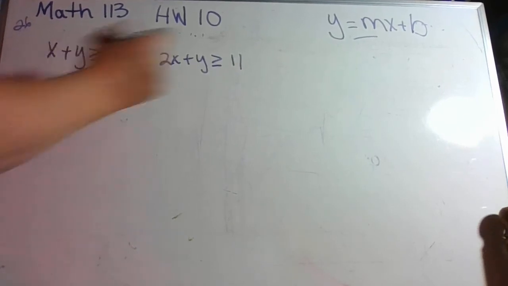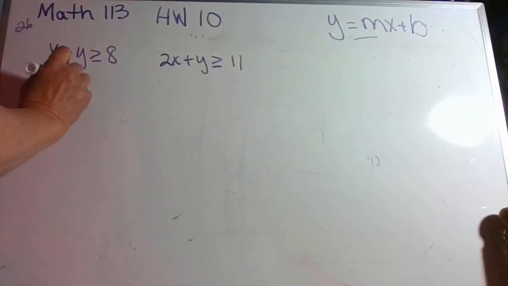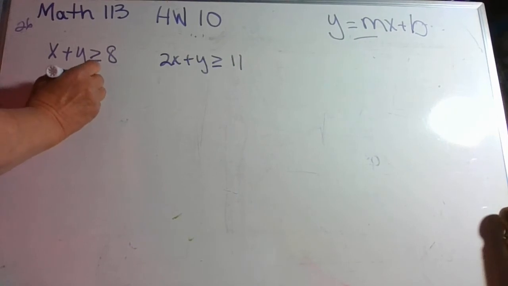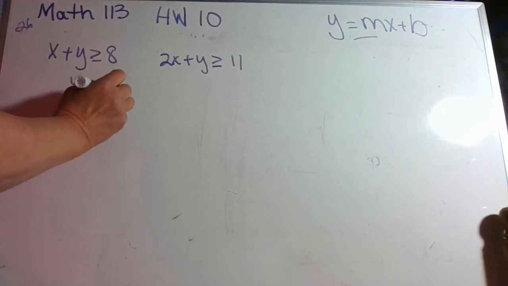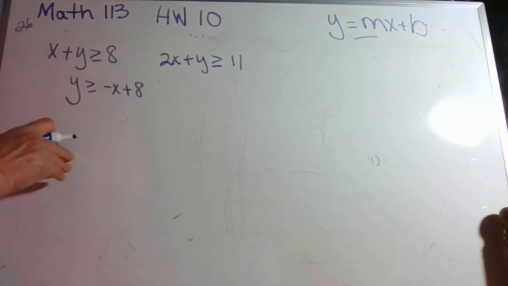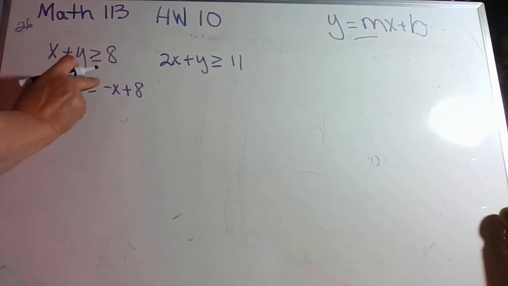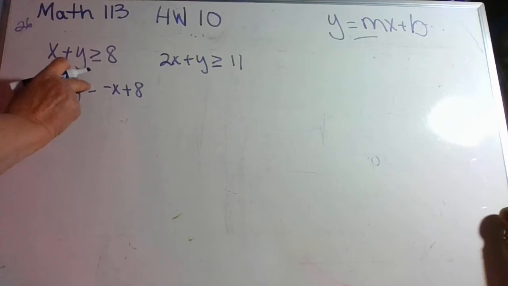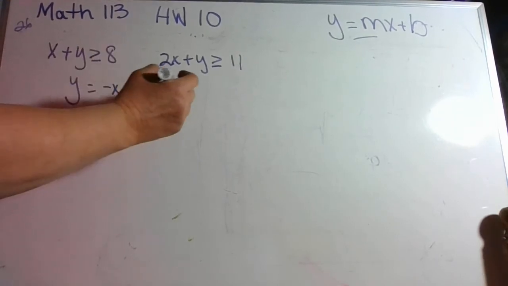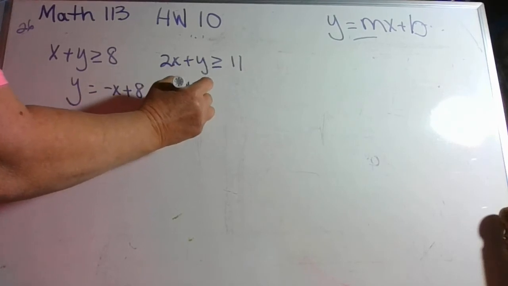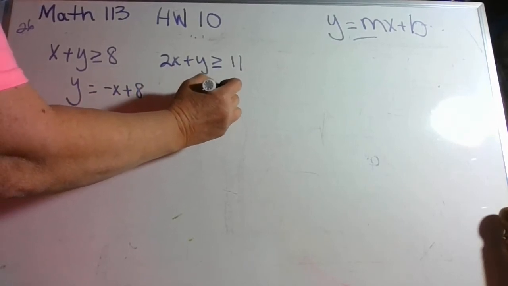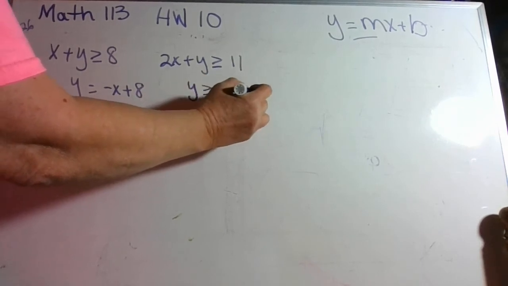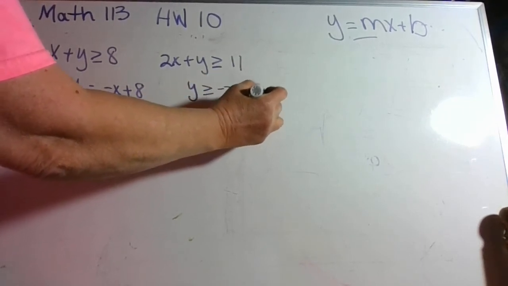So let's again solve for y, so it'll be easy to graph. Y is greater than or equal to negative x plus 8. And if you'll allow me just to change this to an equal, that'll get your boundary line. Okay, this one is going to be y is greater than or equal to negative 2x plus 11.